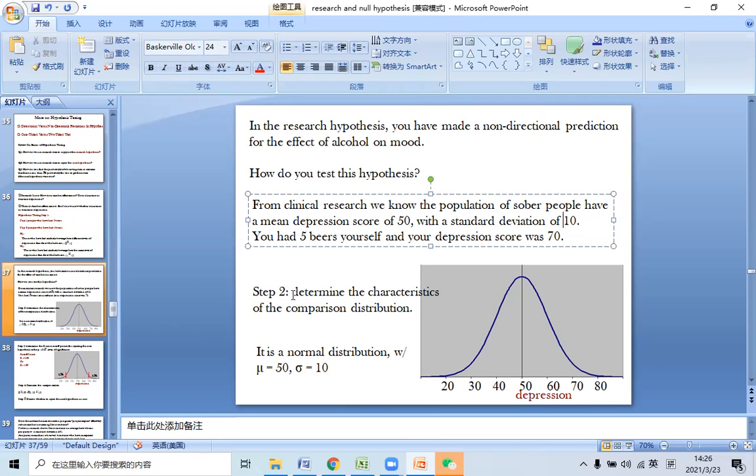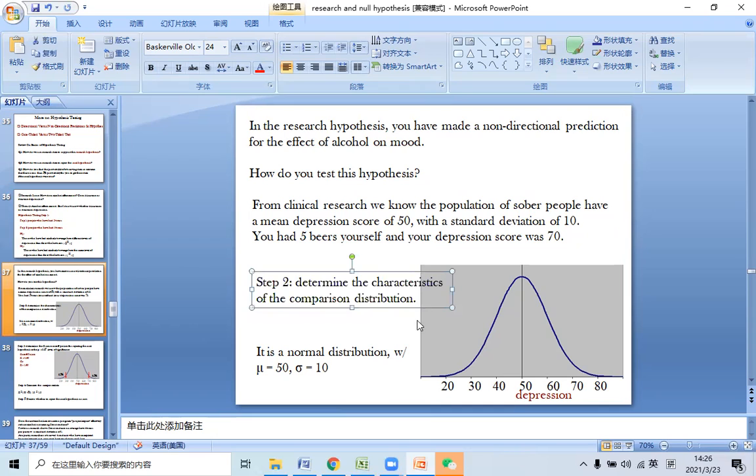And step 2 in hypothesis testing, you look at the comparison curve. The comparison distribution is that of normal people, the population of people who have not had any alcohol. 50 is the mean, with the standard deviation.